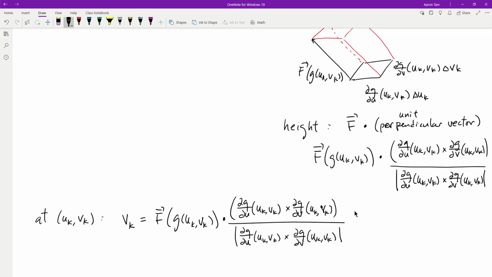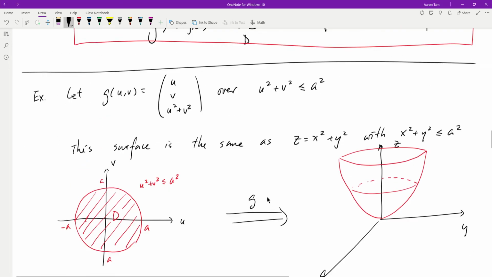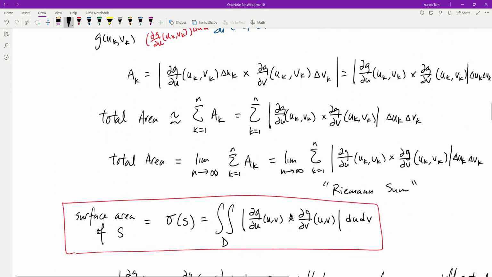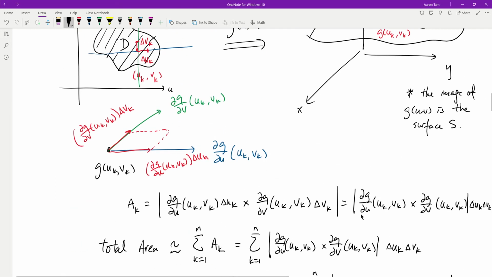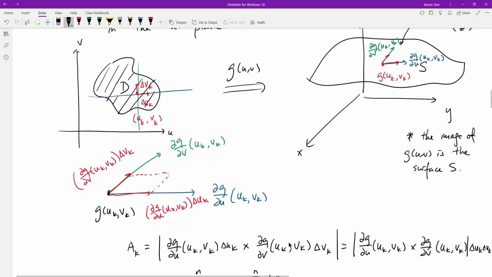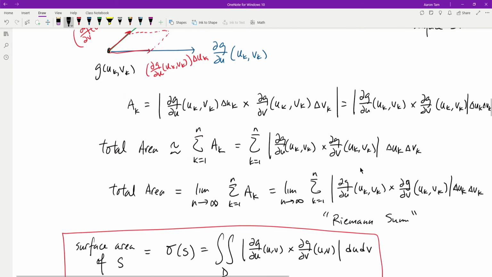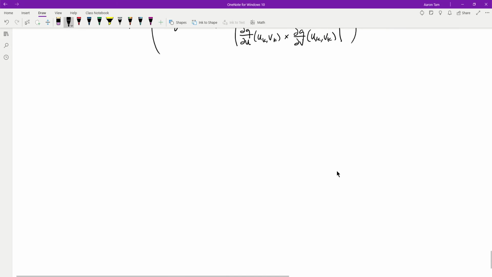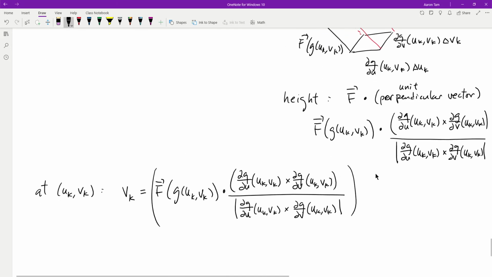The base area is formed by this parallelogram. So how do I calculate this base area? Well, that is something I already told you. The area of the parallelogram is given by the length of the cross product of these two sides. So therefore, I'm going to say that is the same thing as this right here.